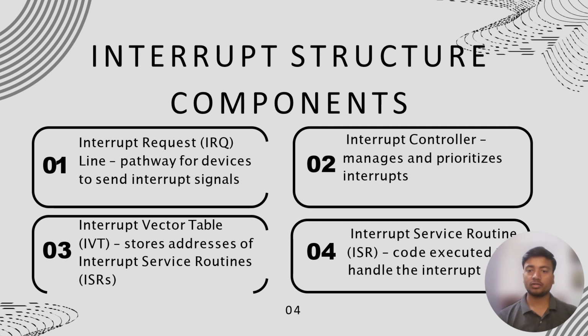Second, interrupt controller, which manages and prioritizes interrupts. Third, interrupt vector table, in short IVT, which stores addresses of interrupt service routines. Fourth, interrupt service routine, in short ISR, the code that handles the interrupt.